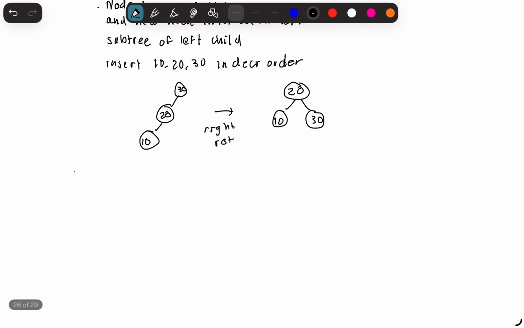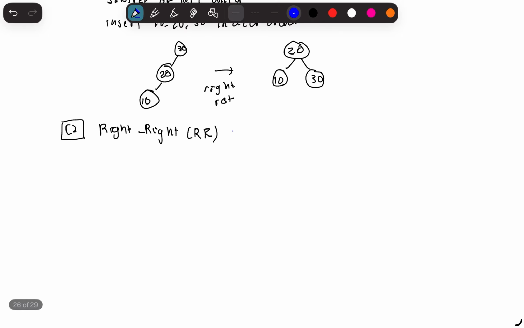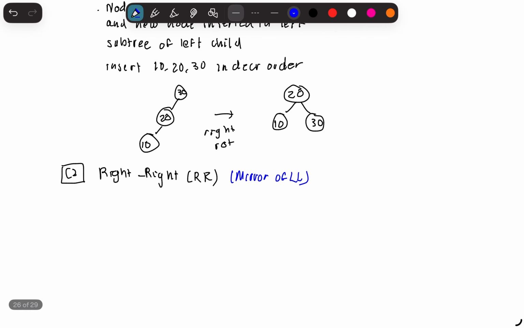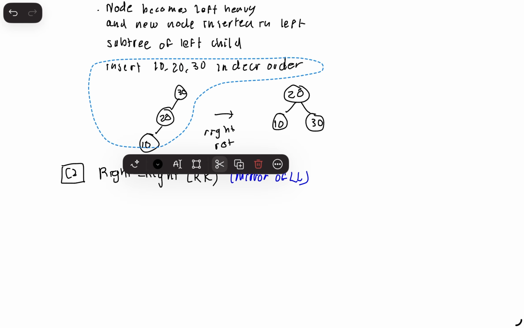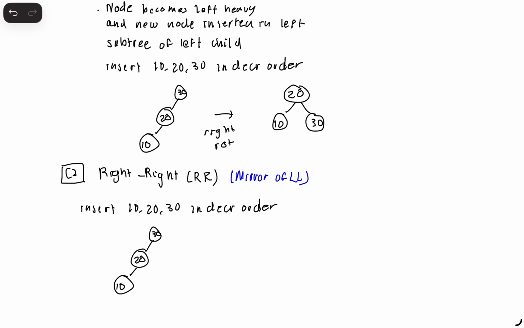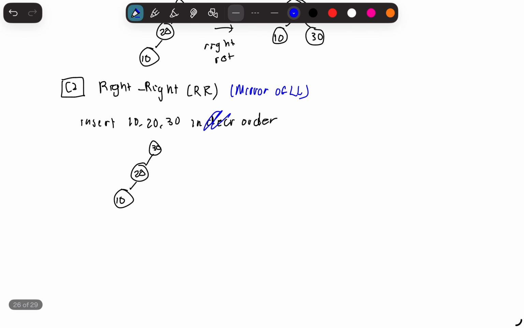Now let's talk about case 2, where you have right, right, RR. This is going to be a mirror of LL. So let's say we want to insert, again, 10, 20, 30, but this time in increasing order.